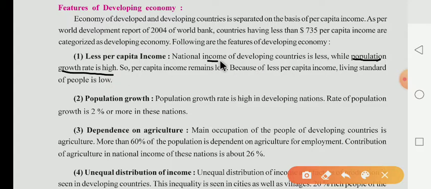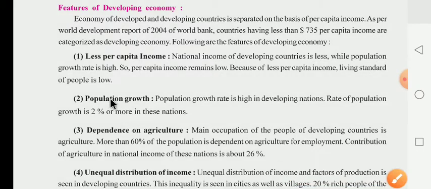So the per capita income remains low, and because of less per capita income, the living standard of the people is seen to be low.